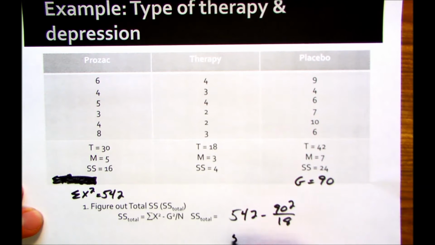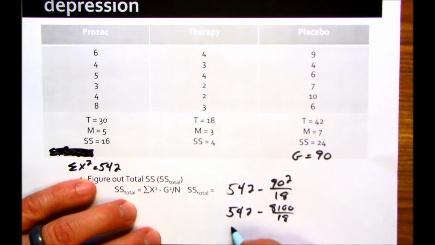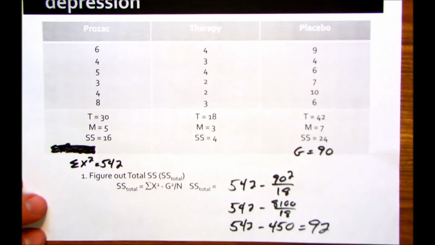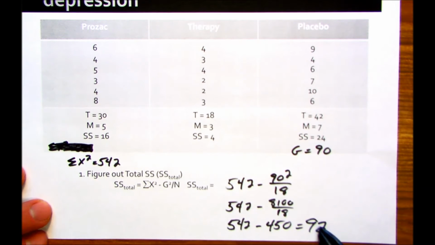So this is 542 minus 8100 divided by 18, which is 542 minus 450 equals 92. So the total sum of squares in this whole data set is 92.